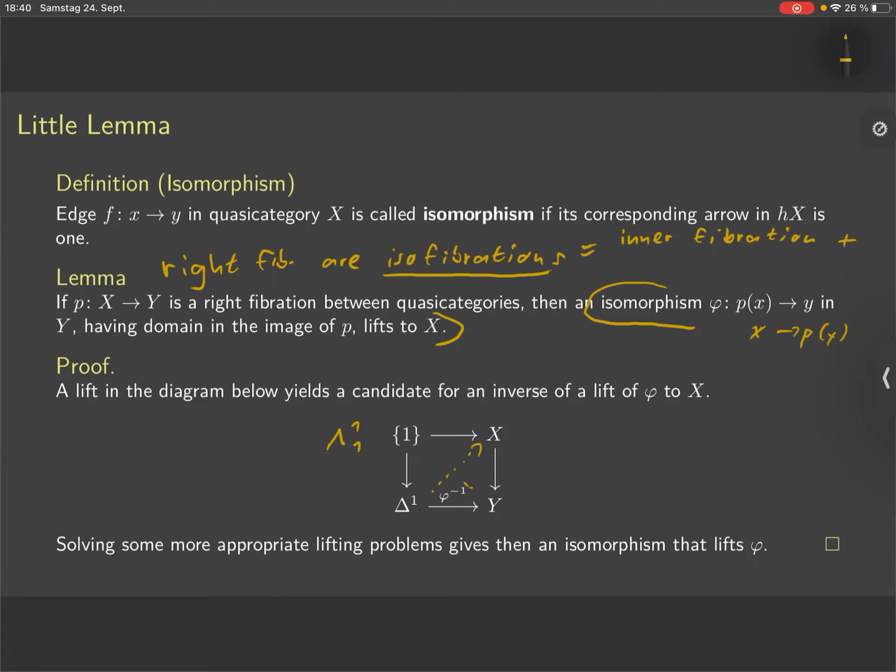And then one can check that actually this gives an isomorphism that lifts to phi.